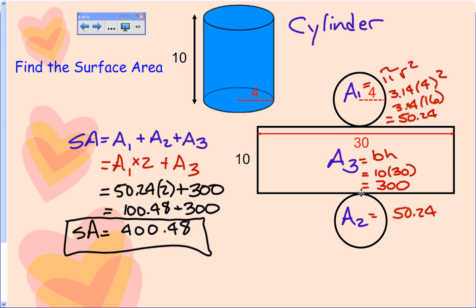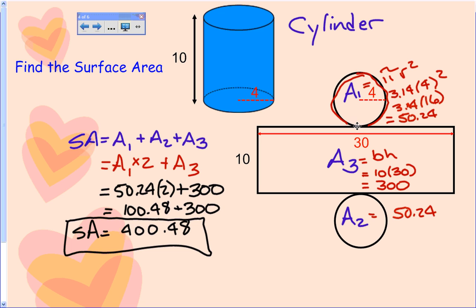You'd fold the circles in, wrap these sides up around the circle to form the cylinder. And what you should notice is that as this side wraps around the circle and this side wraps around the circle and they meet up here, the length of this matches with the circumference of this circle.